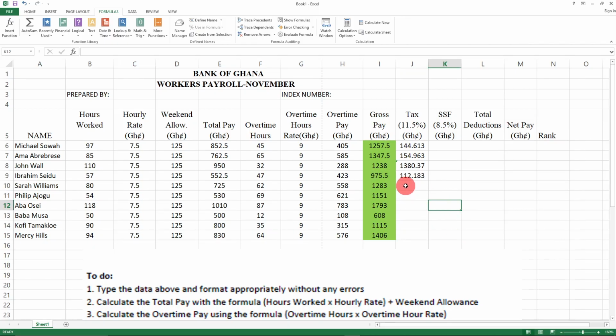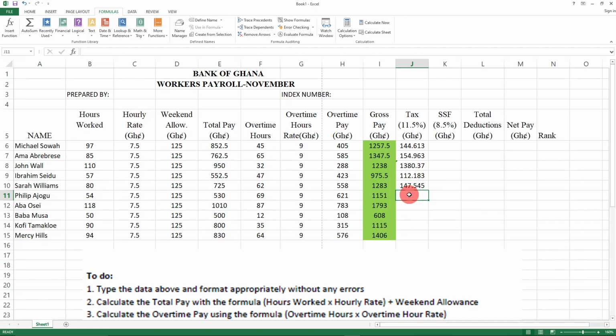Ibrahim will be paying 112 as tax. And then Sarah, let's do it for Sarah. Sarah's gross pay is 1,283. So I10 times 11.5 divided by 100.